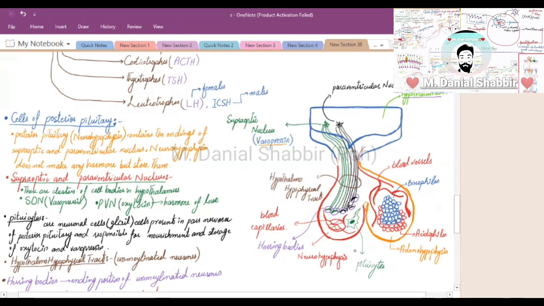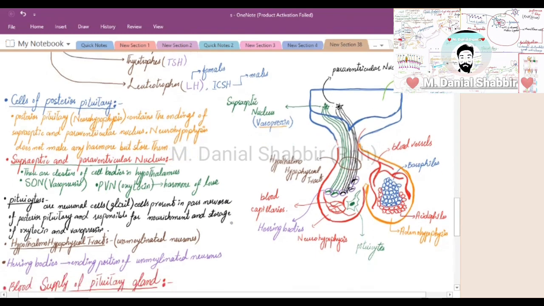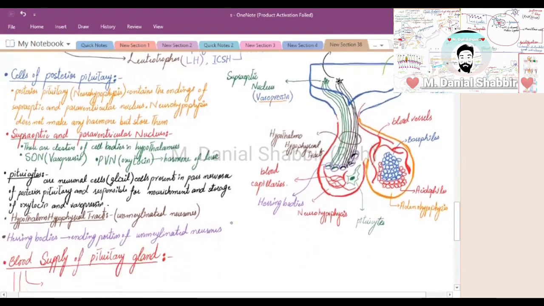These are the pituicytes. This is the neurohypophysis. Blood capillaries are also here in the posterior pituitary. And this is the adenohypophysis, containing acidophils and basophils. Here are the blood vessels, and the rest of the portions you people already know. Okay, this is all about the posterior pituitary.